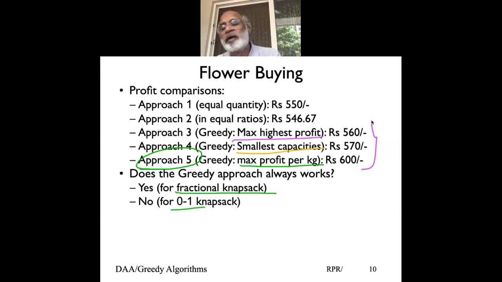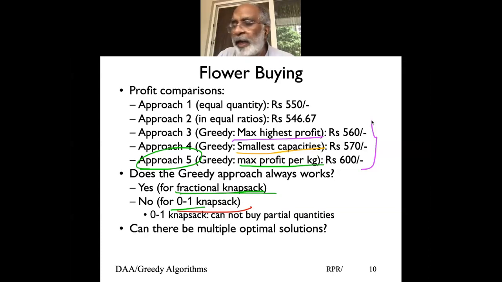And if I'm doing 0-1 knapsack, we'll see that this greedy approach does not give me an optimal solution. This gives me an optimal solution if it is fractional knapsack, but does not for 0-1 knapsack. That means I need to buy the whole 10 kg of roses or 8 kgs of lilies, something of that kind. Any questions so far?